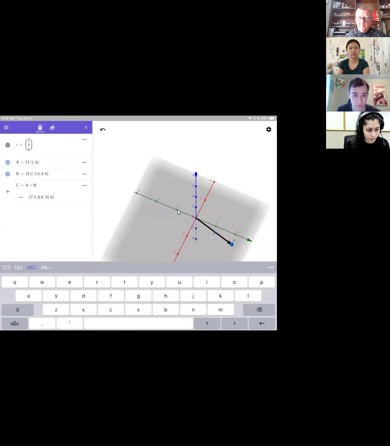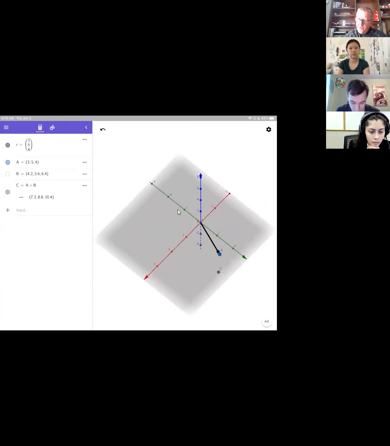Do you understand that? I should not have typed B. So I'm going to turn B off. That's the point I should have been graphing. That's where this should be aiming, because that point started from 0, 0, 0. We're starting from the point 3, 5, 4, and we're moving 4.2, 3.6, and 6.4 from there.